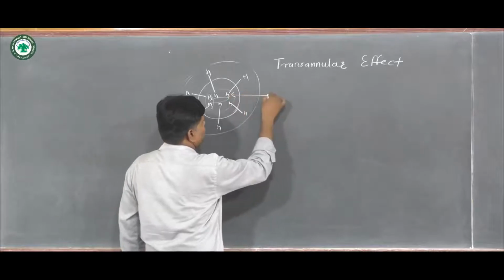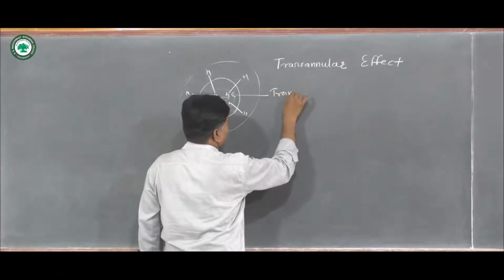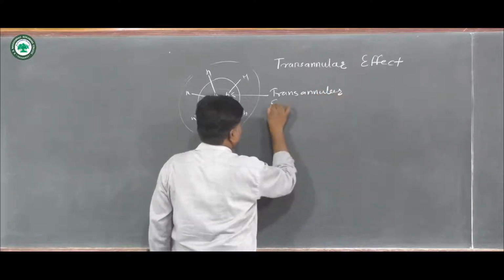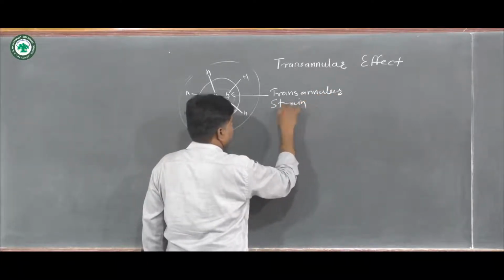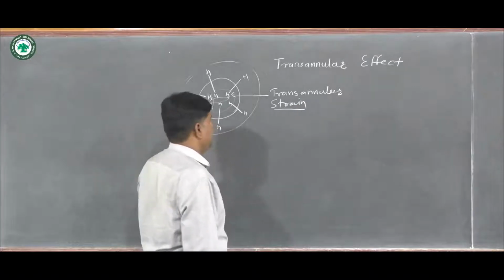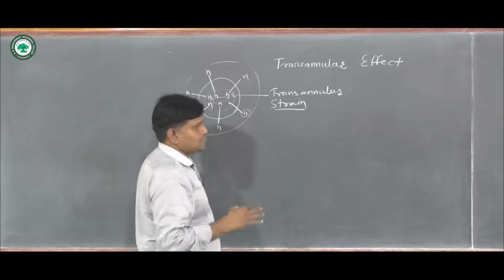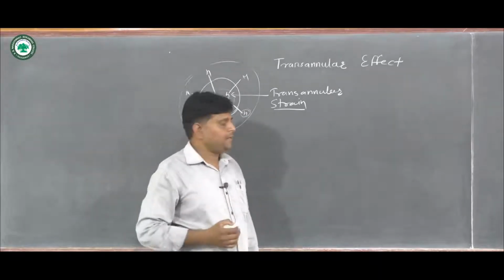These protons show transannular strain. These are the inner protons and these are the outer protons, or the protons present on the periphery.